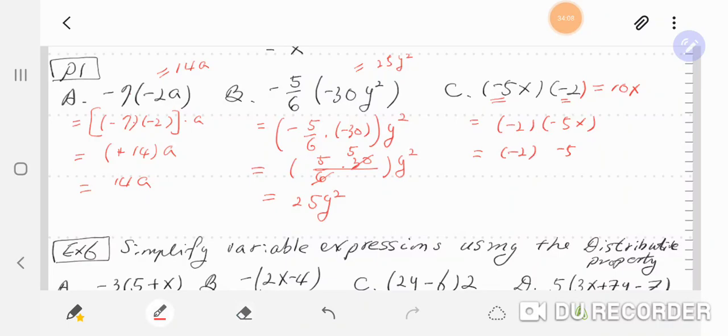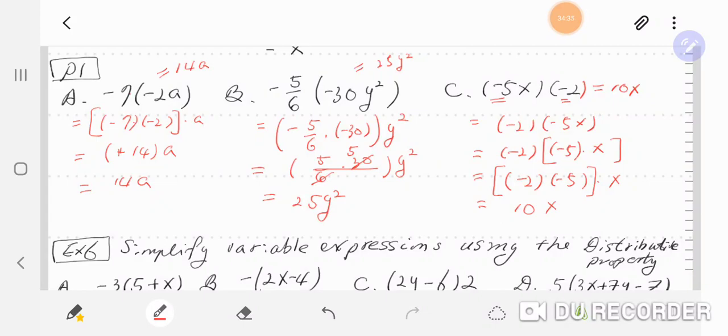Let me draw a large bracket. This means -5 times what? -5 times x, right? And then using the associative property, multiply -2 and -5 first, and then x. So -2 times -5 is 10x.